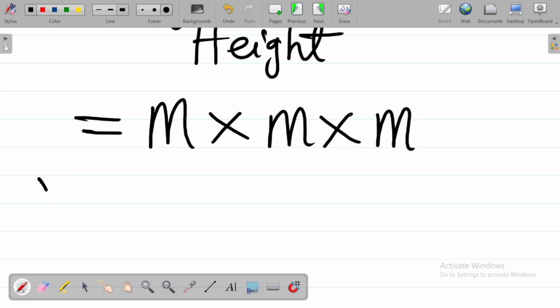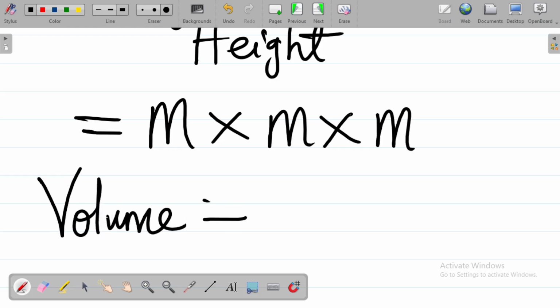So therefore, volume is equal to meter multiplied by meter multiplied by meter, which gives you meter cube. So m raised to power 3. So the derived unit for volume is meter cube.